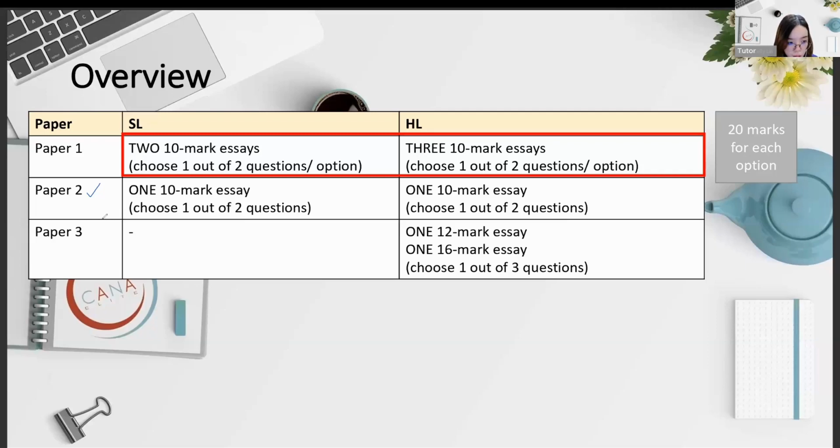And then for Paper 3, that's something only for HL students, and you will need to finish one 12-mark essay and then another 16-mark essay. One thing you need to pay attention to is that in that paper, you have only 60 minutes to handle 2 longer essays.